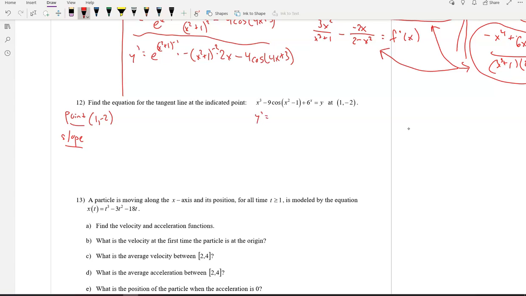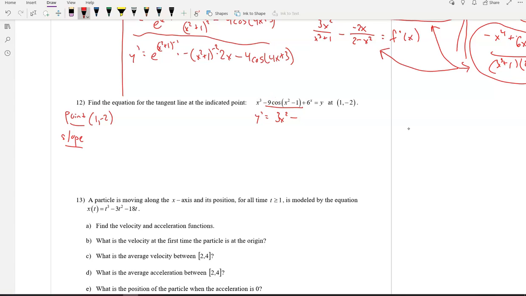So we'll get y prime equals, and then we take the derivative: 3x squared minus. Taking the derivative of this is going to require which of our rules? Yeah, chain rule. If you said product rule, you're not wrong, but that 9 is just a coefficient, so we don't need to treat it like a product rule.